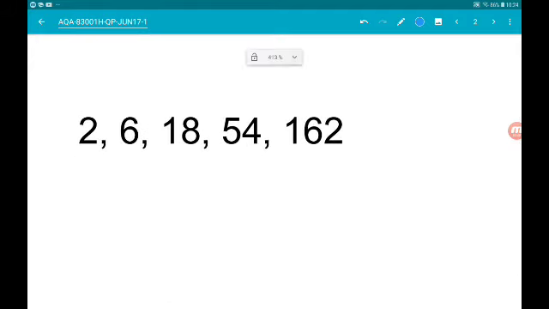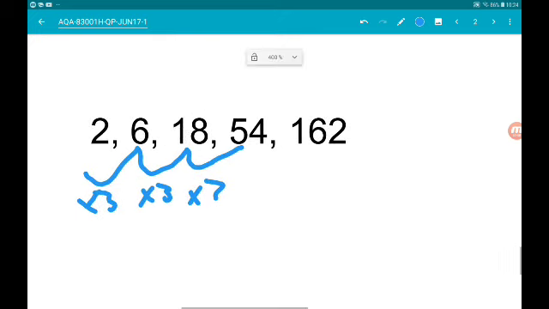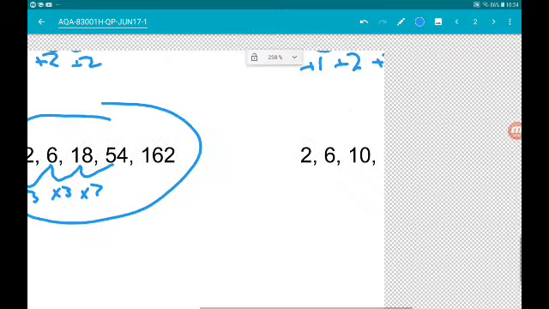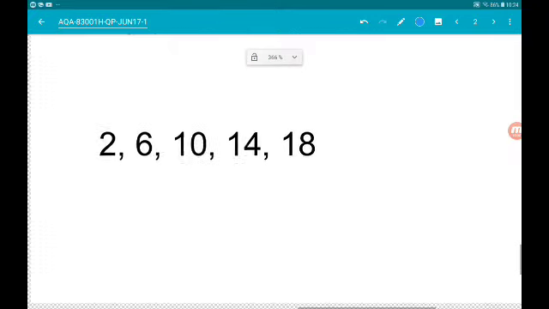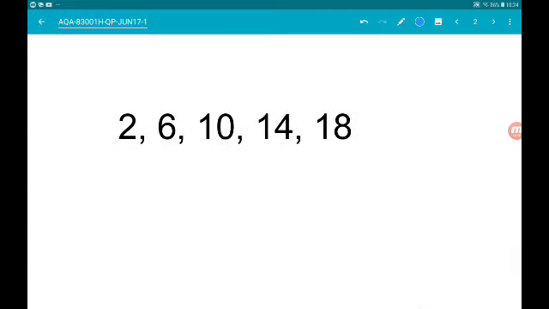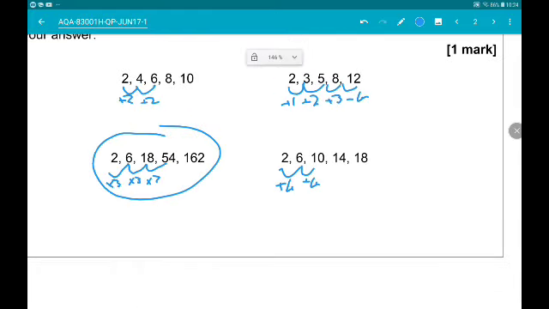Well, we're multiplying by 3 to get from term to term. So this guy is our geometric progression. And then this chap down here, 2, 6, 10, 14, 18. Again, we're just adding the same number each time, so that is arithmetic again. Cool.